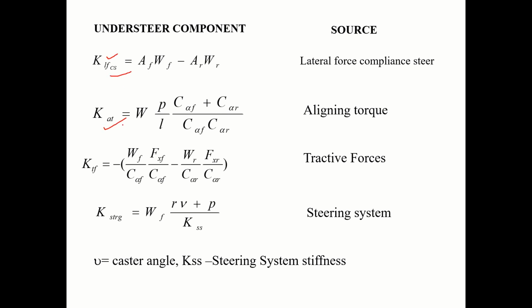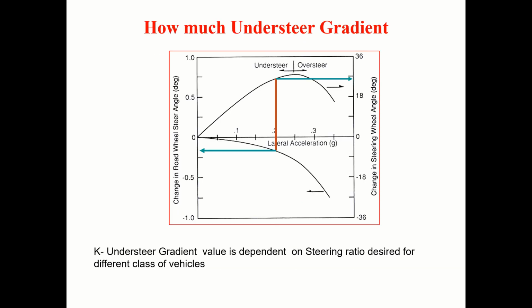Due to aligning torque. Due to traction forces. Steering system. Okay, all these you put together, you will get K value. And you want to make the vehicle understeer, K should be positive. So you have a lot of choices to tune the system.